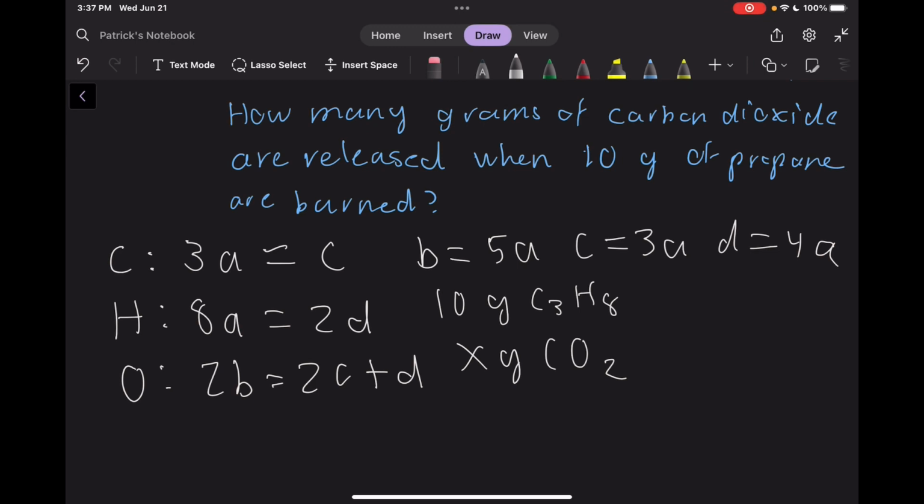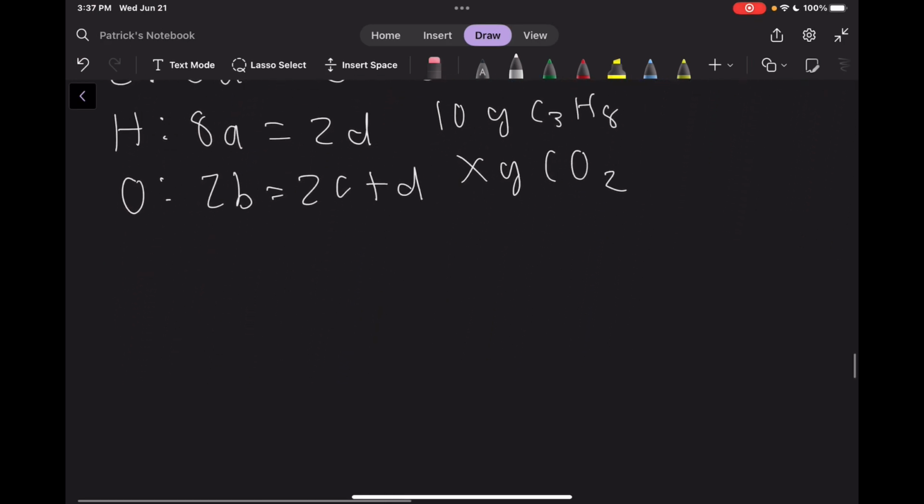Propane was our substance A, and we have this value in grams. So we first convert this into moles by multiplying 10 grams by the molar mass of propane, which is about 44 grams per mole. One mistake people often make at this stage is multiplying 10 grams by 44 grams per mole, which is incorrect.